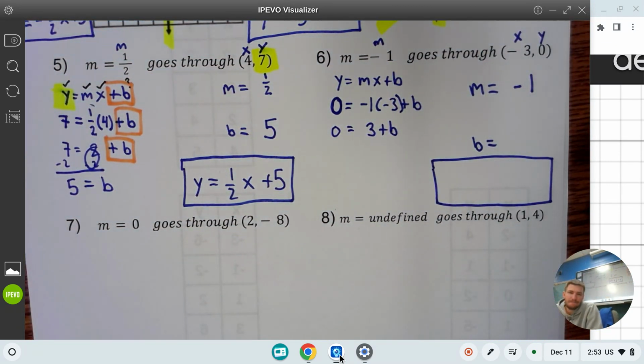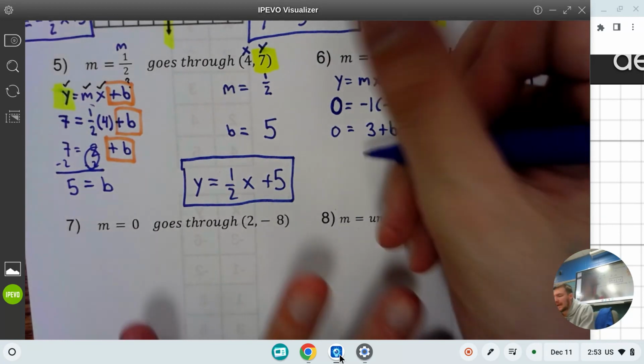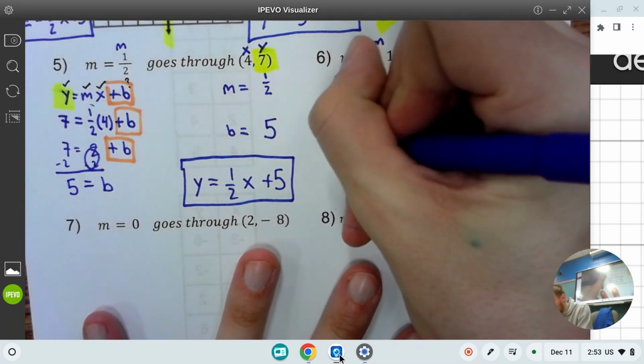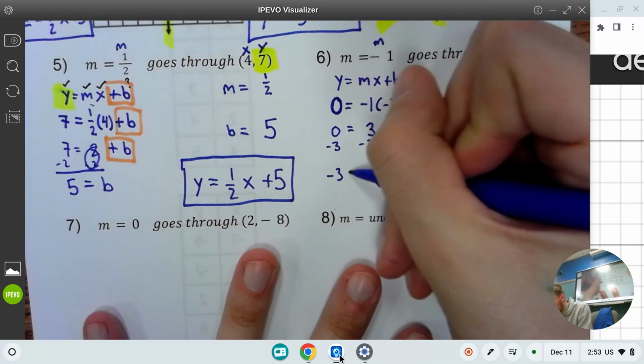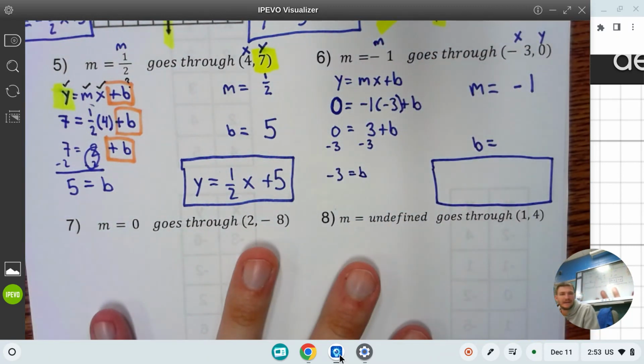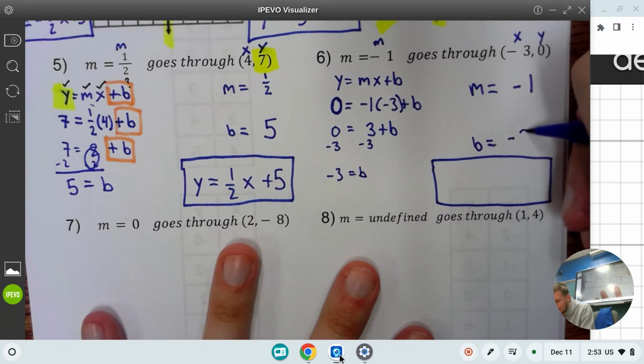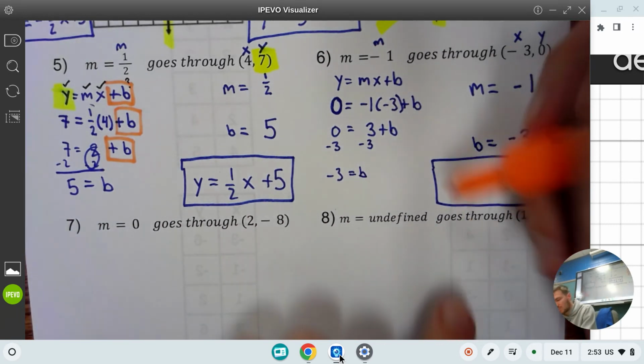Not bad. Now we want to solve for that b. We want to move the 3. How do you move a +3? You subtract it. And of course, what's 0 minus 3? All right, just -3. So we figure it out. -3 equals b. Now pause for 1 second.